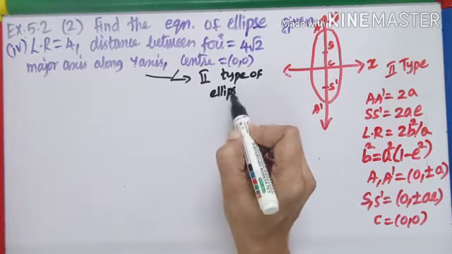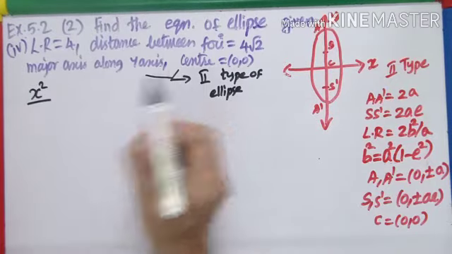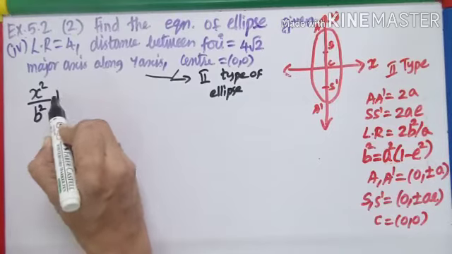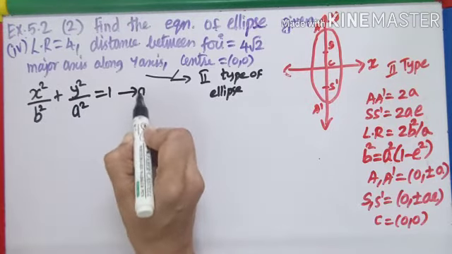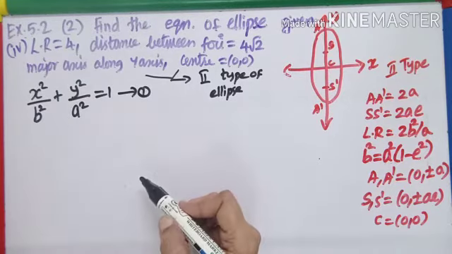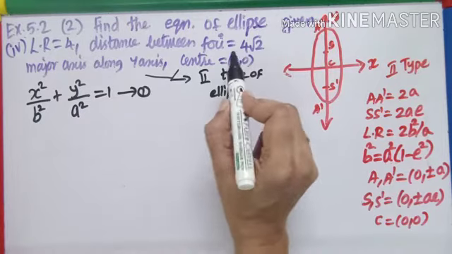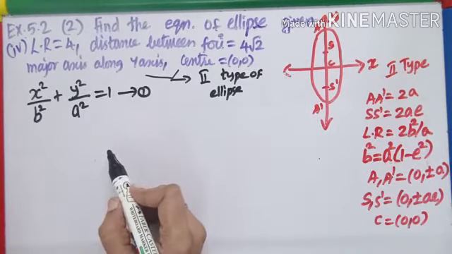And how to write the equation? It is x square by, second type b square will come down, plus y square by a square equals to 1. Now I have to find out what is a and b to substitute. Center 0, 0. So h comma k is 0, 0. So no need to write in the numerator.